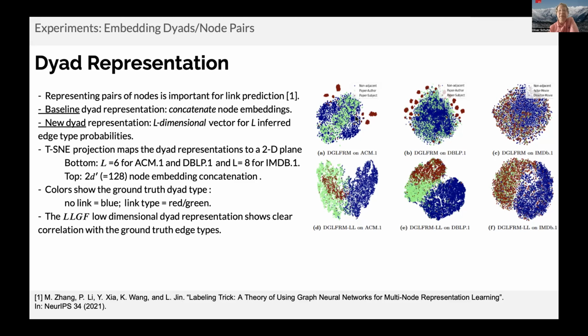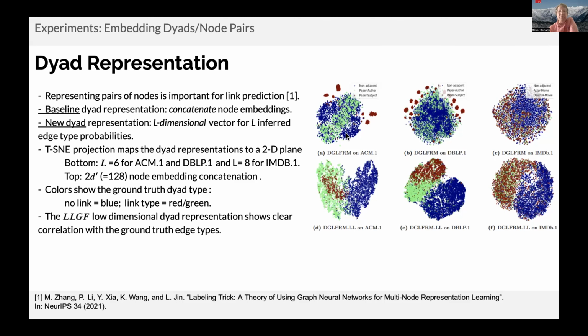Every point is a pair of nodes, and the pair is labeled blue if it's unlinked nodes, or red or green if there is a link between the nodes, linked according to the type. So for example, on ACM, a red dot means that we have a paper subject pair.